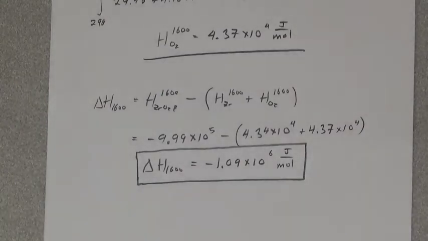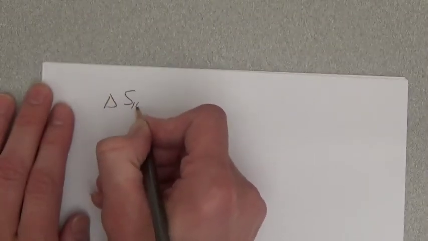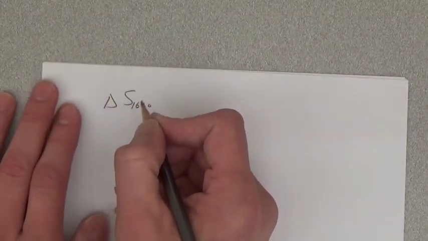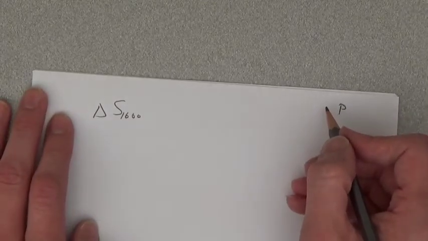Now we need to look at the entropy. So the entropy, delta S at 1600, page 3 or page 4?